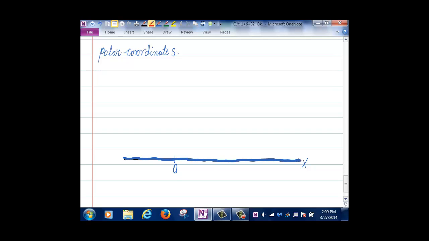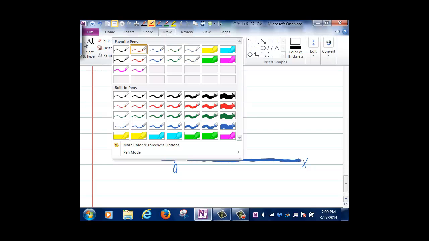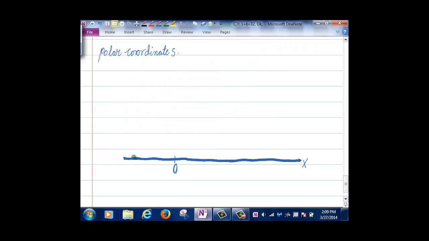So let me draw that, using a different color here. So right now, let's say the polar axis is right on the x-axis, okay? The green one.